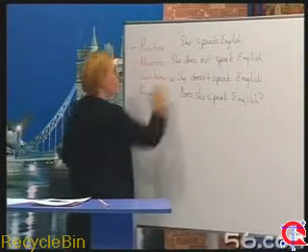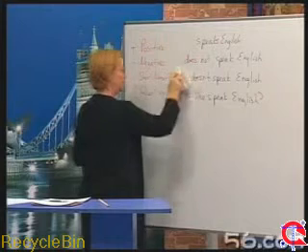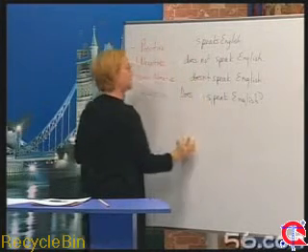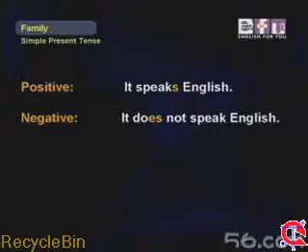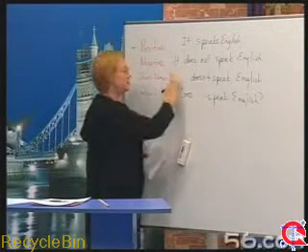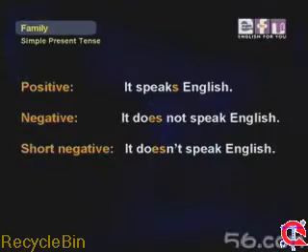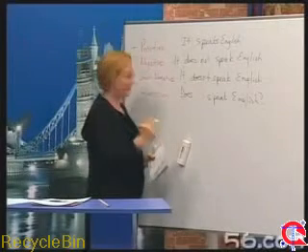And then, of course, we have it. So we can just put it, and it's the same. It, the robot: it speaks English. It does not speak English. It doesn't speak English.